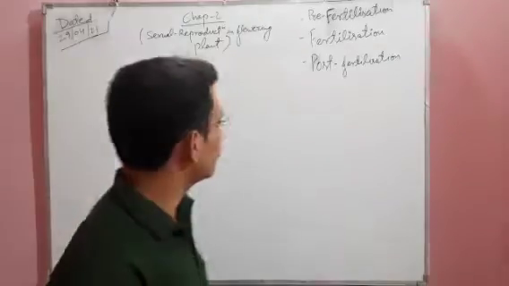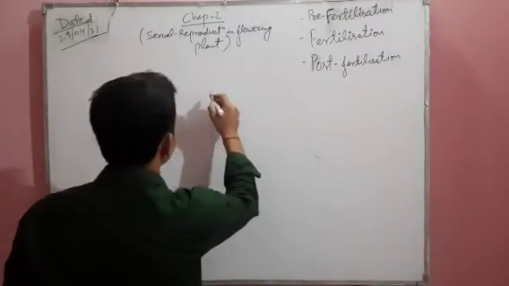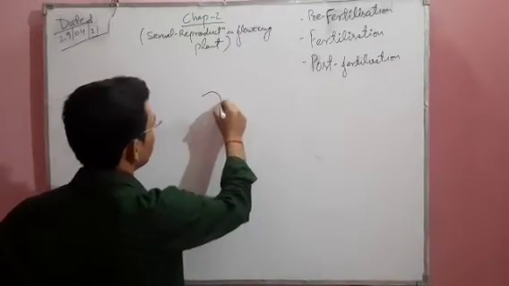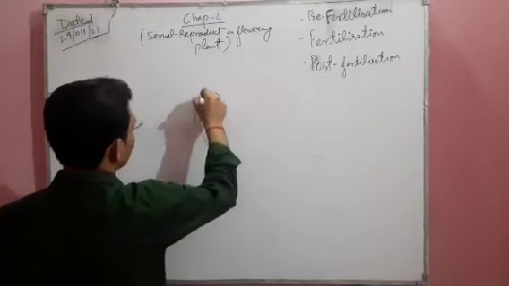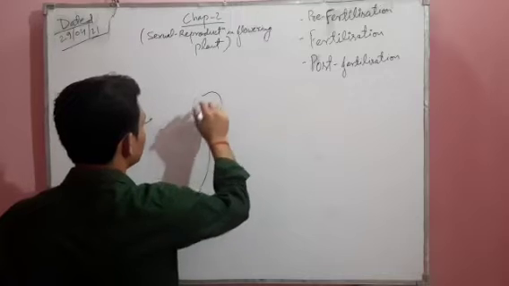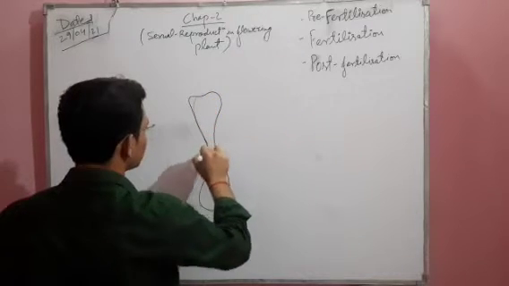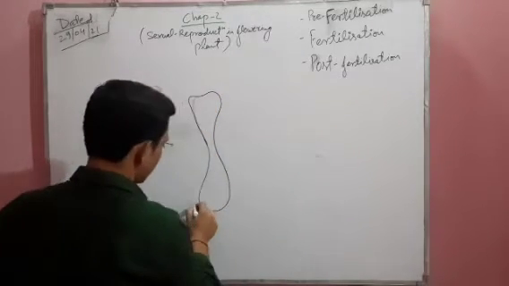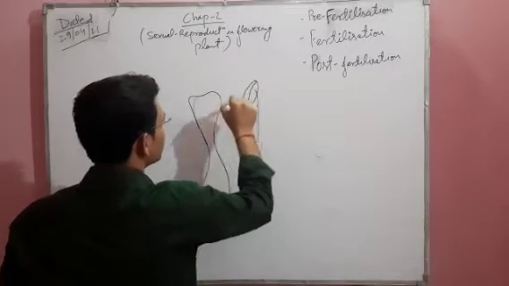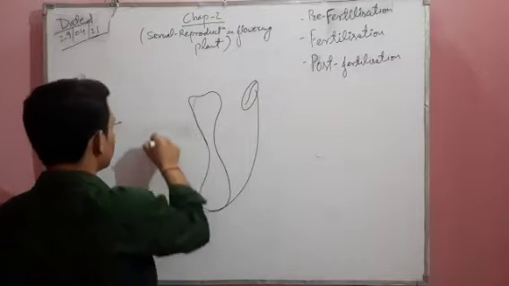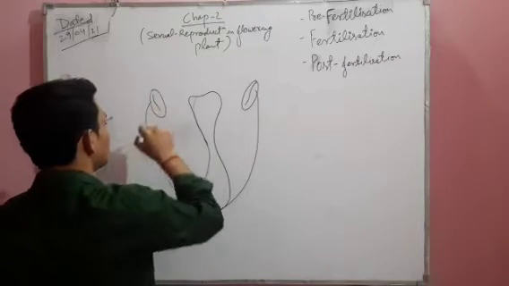So we will draw a bisexual flower here. The female part is called the pistil, as you all know. And there is the anther, which is the male part of the flower.